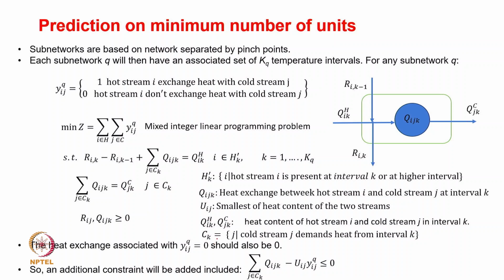So when we have an additional balance, the summation of all qijk, which is the heat exchange between hot stream i and the cold stream j at an interval k, minus uij, which is the smallest heat content of two streams, times yqij will be less than or equal to 0.